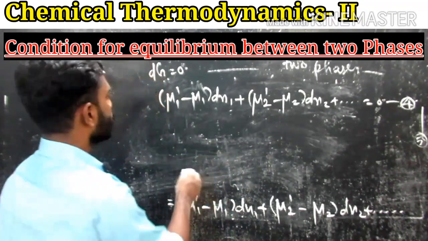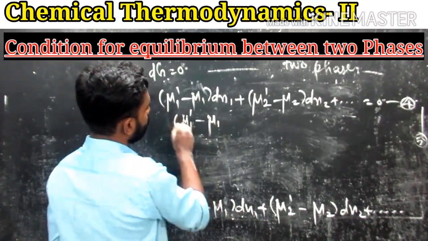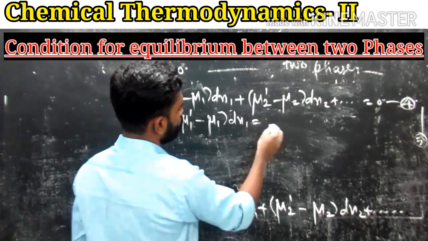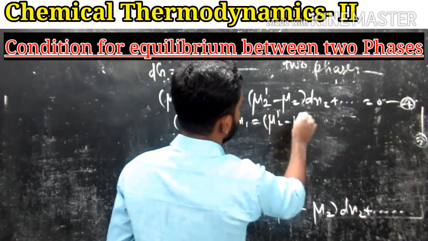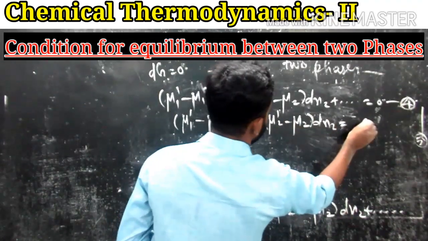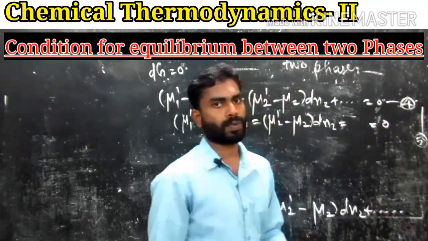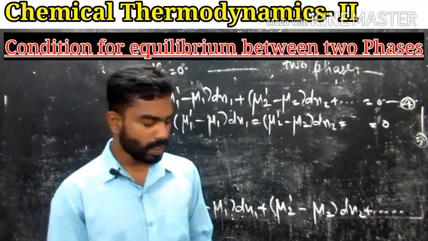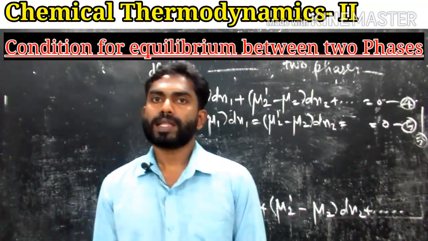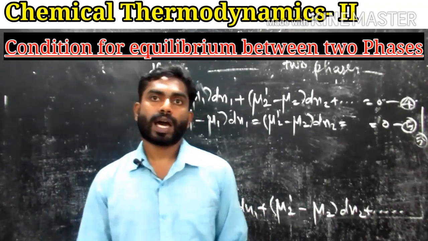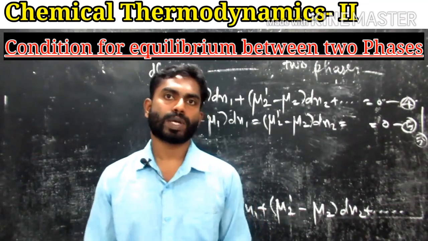So we can write (mu1 dash minus mu1) dN1 is equal to (mu2 dash minus mu2) dN2 is equal to etc. is equal to 0. This is equation 5. Further, dN1 and dN2, etc. are not 0.